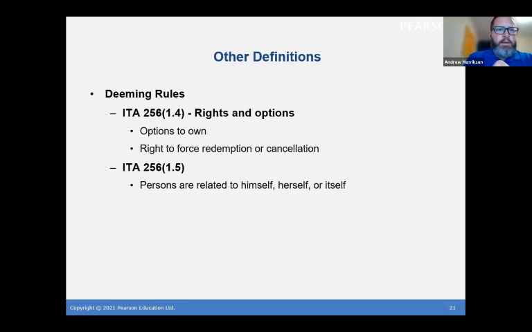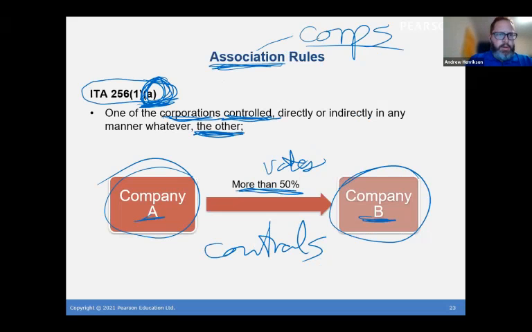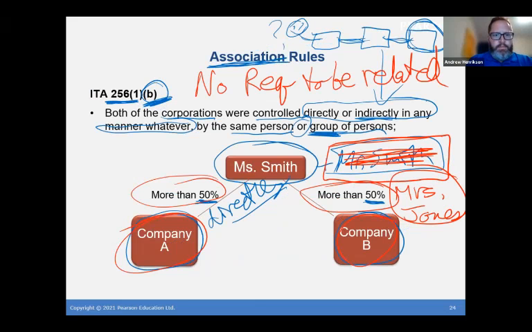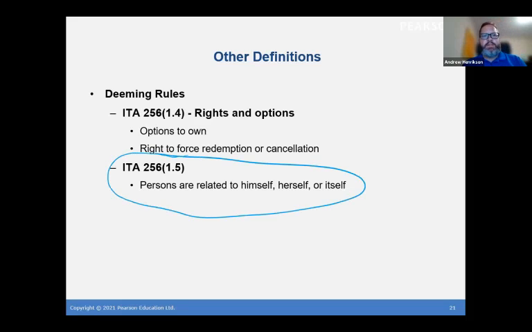But here under the deeming rules, right here, 256 1.5, a person is related to himself, herself, or itself.